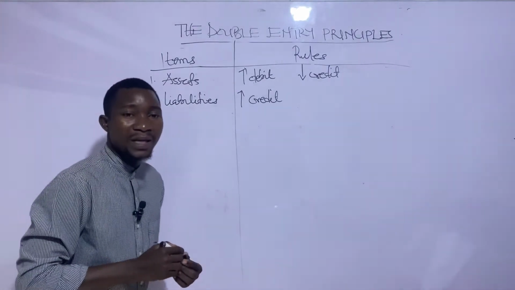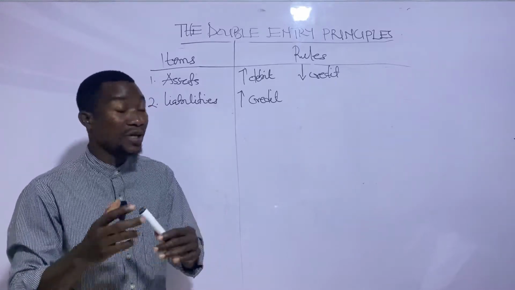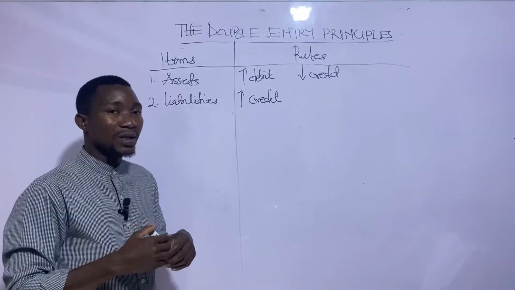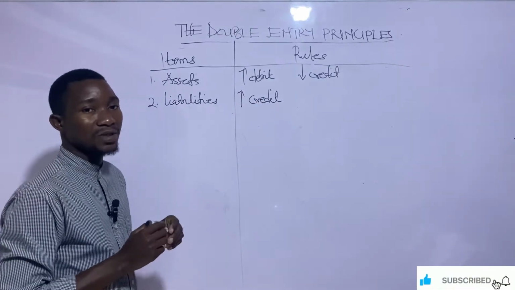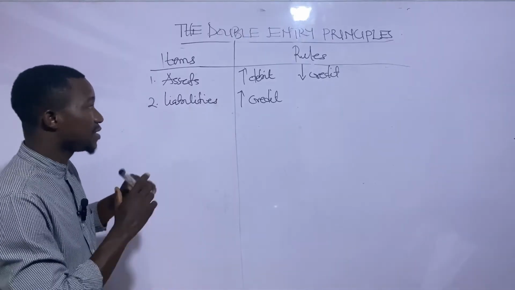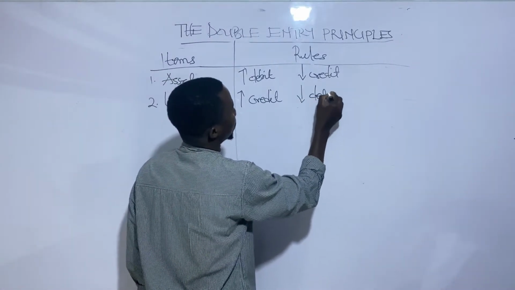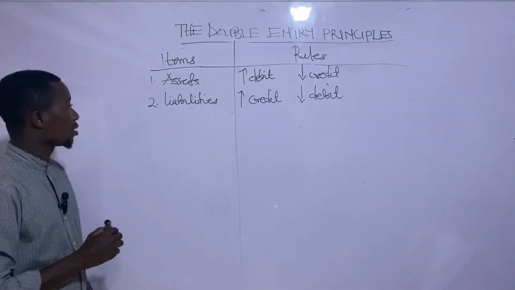That is when liability has to do with financial obligations that business has to pay to outsiders. So if a business go in for loan, its liability will increase. So we credit liability account. Anytime liability decreases, we debit. That is the rule. Okay.